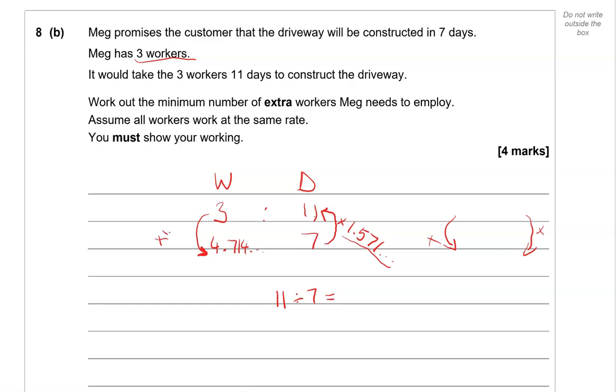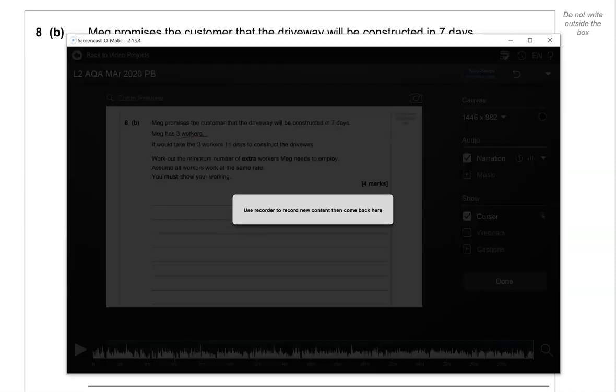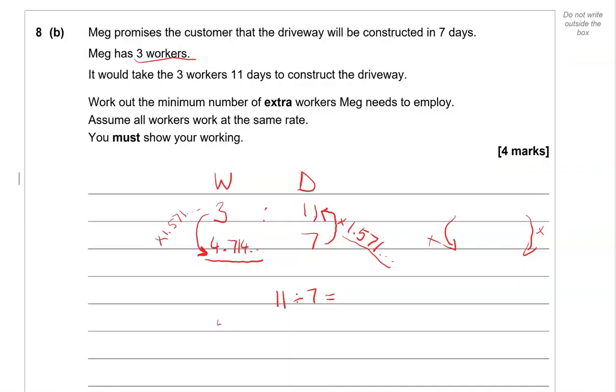So I multiplied 1.571 by 3 and it gave me this number. Now, as we're talking about people, workers, we're going to have to round this, and it's always a case of rounding up. So that would be 5 workers. The question was work out the minimum number of extra workers. So Meg has already got 3 workers, so that's 2 more.